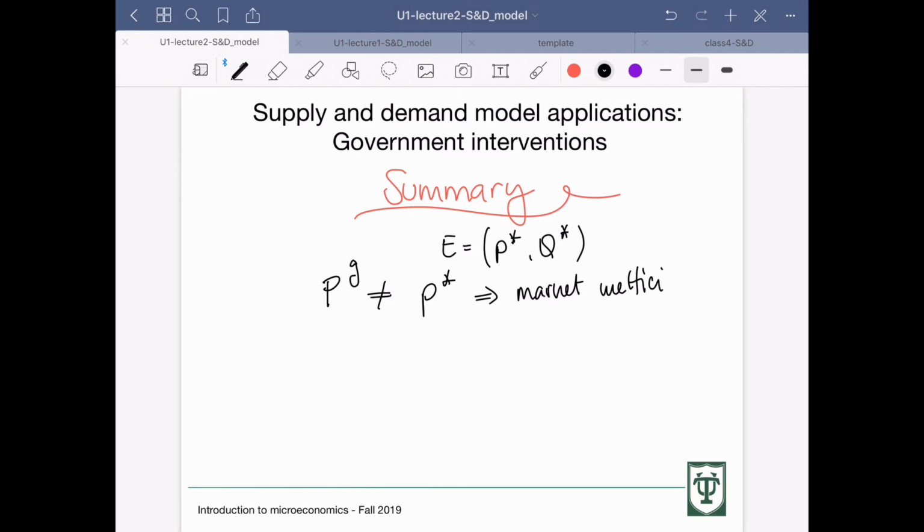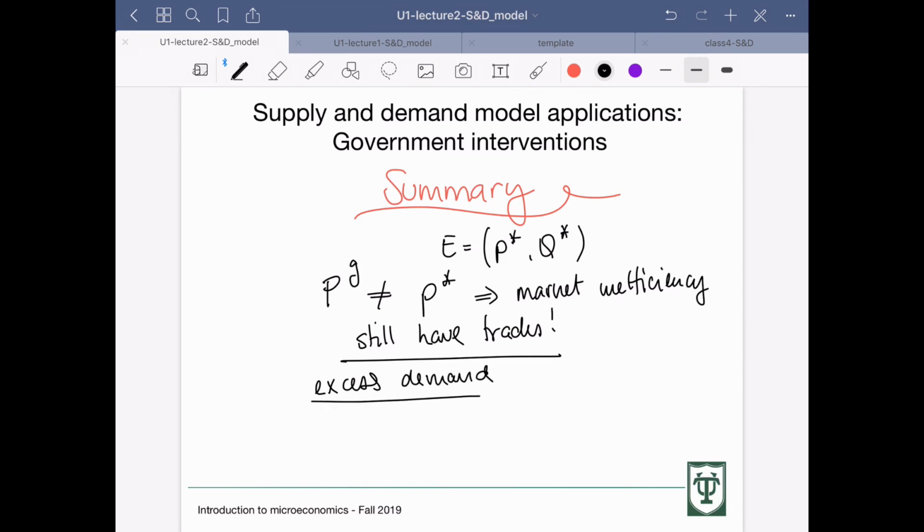This market inefficiency stems from the fact that we still have trades in the economy that could be made if we let this market be free. And these trades that don't happen may be generating an excess demand or a shortage of the product.